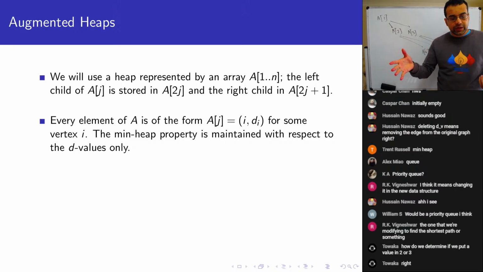So each entry of the heap will look like some vertex, comma, its dv value, and I'm going to maintain the min heap property with respect only to the dv values. Associated with every value in the heap is also the vertex which gave rise to that value. And this is going to be important for looking things up later.